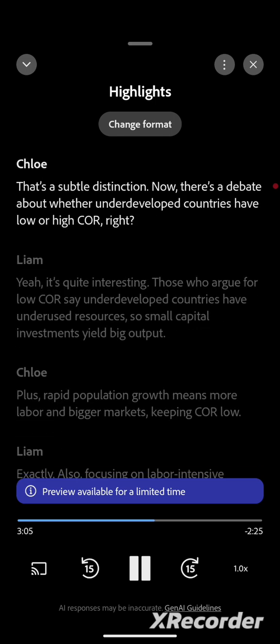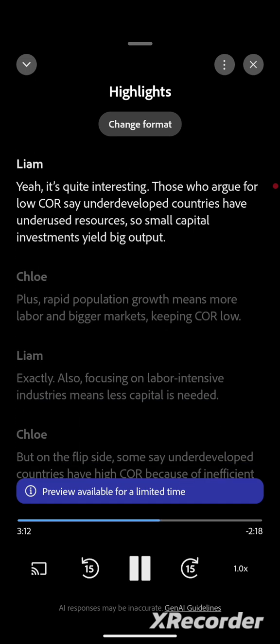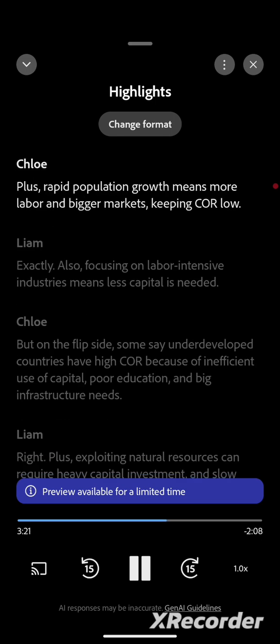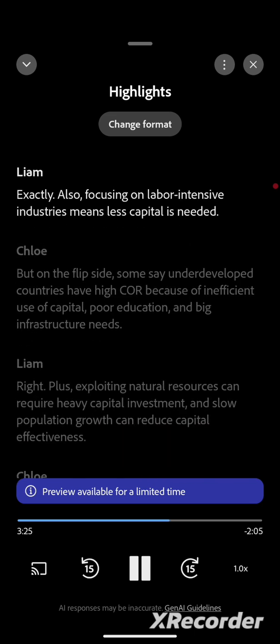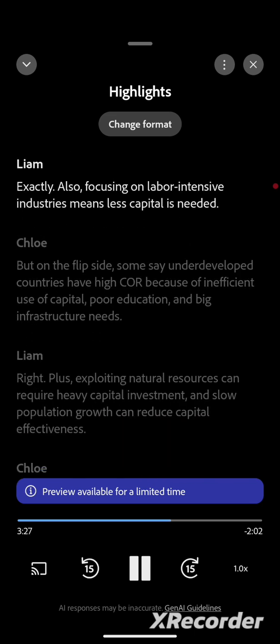That's a subtle distinction. Now, there's a debate about whether underdeveloped countries have low or high COR, right? Yeah, it's quite interesting. Those who argue for low COR say underdeveloped countries have underused resources, so small capital investments yield big output. Plus, rapid population growth means more labor and bigger markets, keeping COR low. Exactly. Also, focusing on labor-intensive industries means less capital is needed.